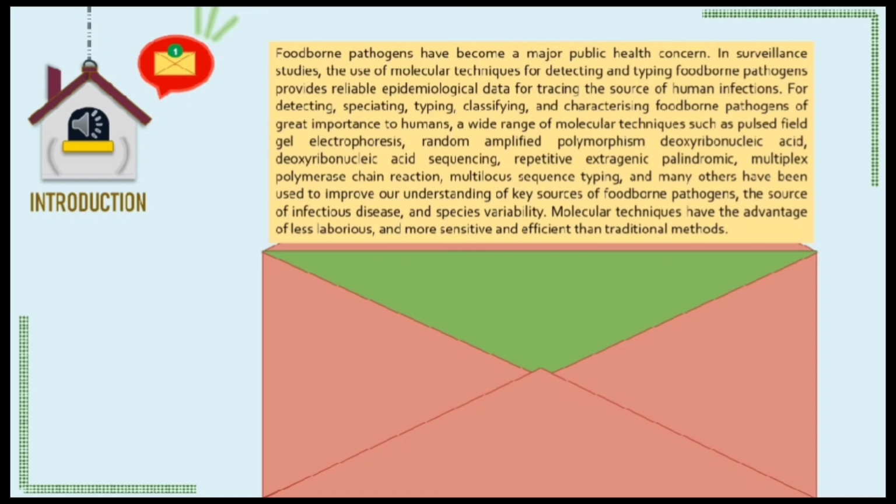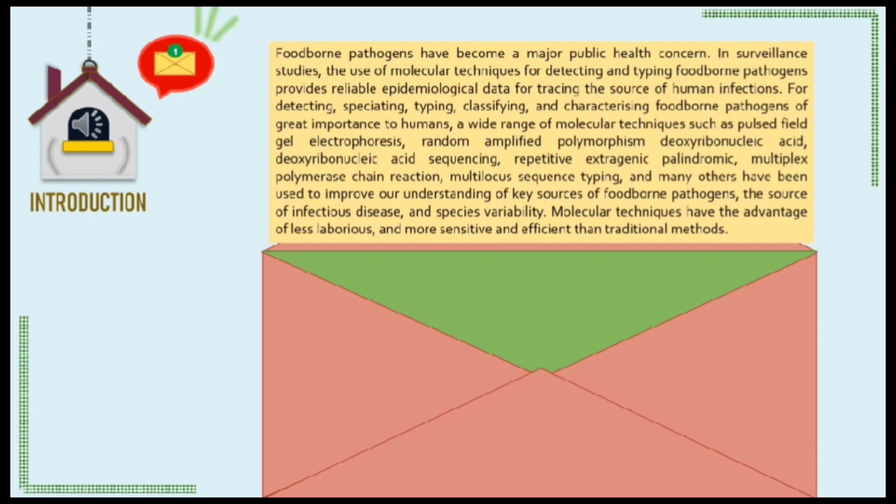A wide range of molecular techniques, such as pulsed field gel electrophoresis, random amplified polymorphic deoxyribonucleic acid, sequencing, repetitive extragenic palindromic PCR, multiplex polymerase chain reaction, multi-locus sequence typing, and many others, have been used to improve our understanding of key sources of foodborne pathogens, the source of infectious disease, and species variability.